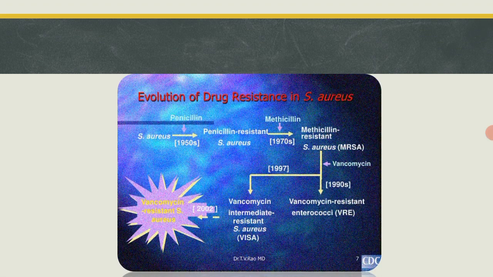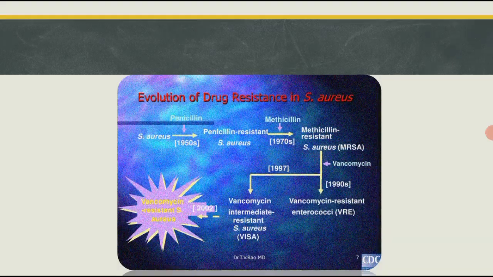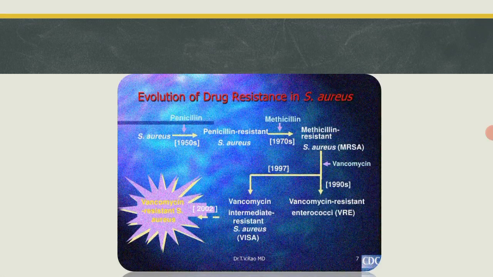Now after a few years, another antibiotic was developed called vancomycin in the 1990s. So now we had the treatment for MRSA with the help of the vancomycin antibiotic.